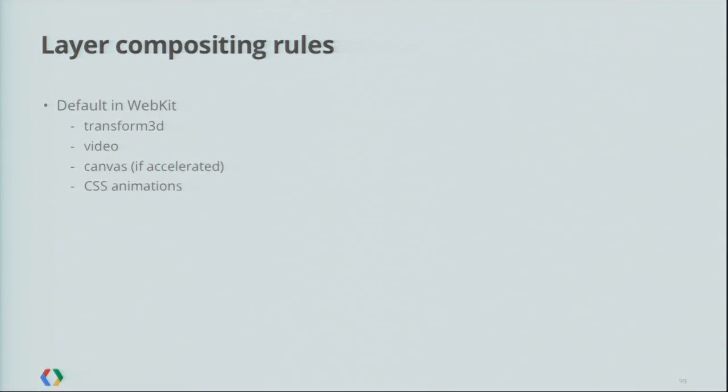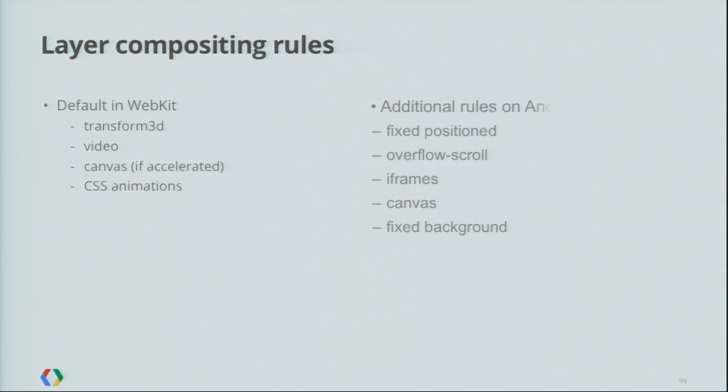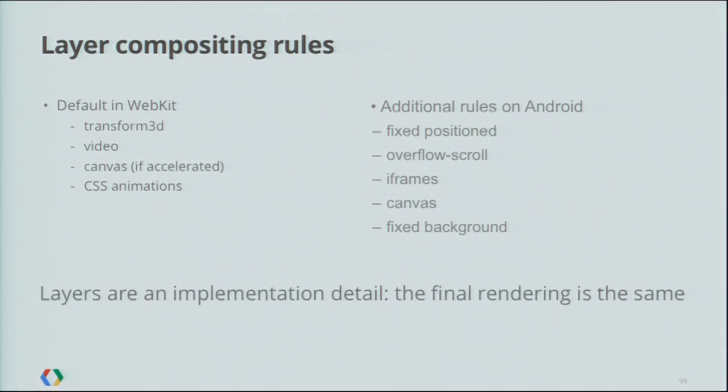As I said before, on Android, we're actually using layers to do more things. So we have additional rules. If you are using a fixed position element, bam, layer, and so on. Overflow scroll, iframes, canvas, fixed background, all these things are going to create a layer. The thing to remember, though, is that even though they are on their own layer, this is purely an implementation detail.